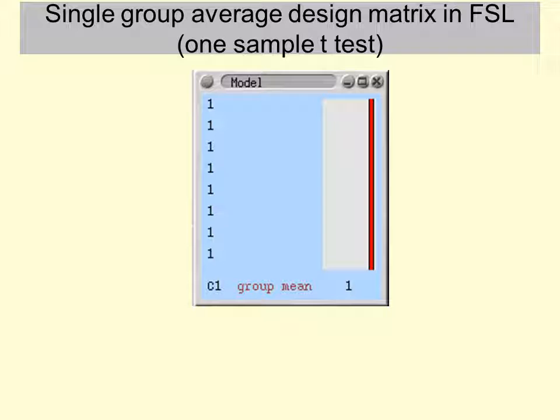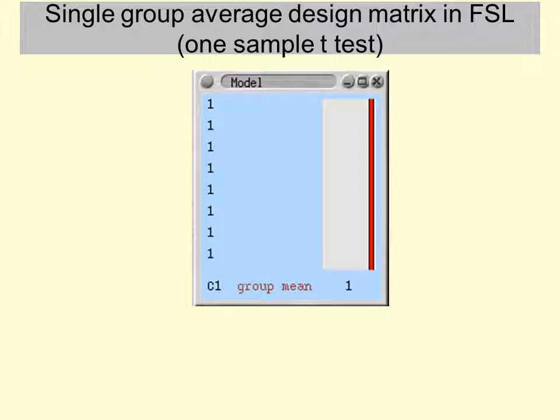So in this design matrix, what we have down the left is once again our belief about the random effects groupings of the participants, and the fact that those are all ones just says we think we got all these people randomly from the same population. Now, a single explanatory variable in this design matrix just has a positive value for every participant.